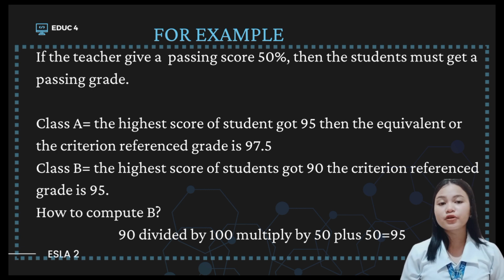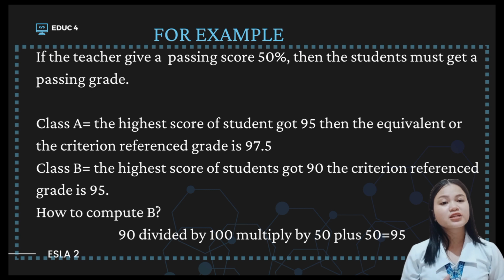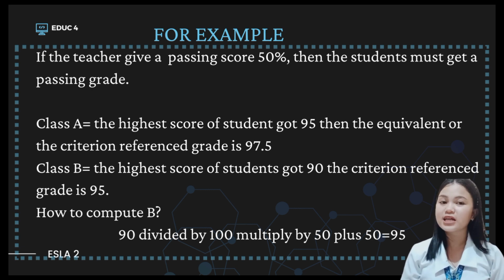The criterion reference grade is 95. So, how to compute B? To compute class B, it is basically 90 divided by 100 multiplied by 50 plus 50 equals 95. So that's all.